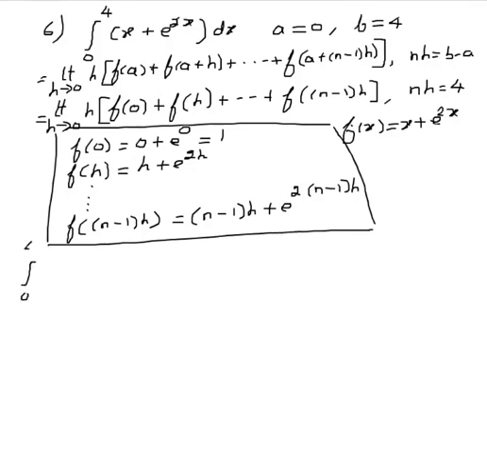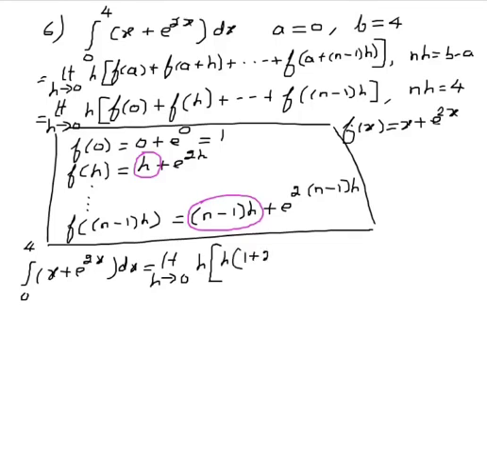Therefore, the given integral is equal to limit h tending to 0 of h into, let us add all the h terms. We don't have h term in the first expression. If we take h common, we get 1 plus 2 plus 3 plus etc. The last term will have n minus 1.